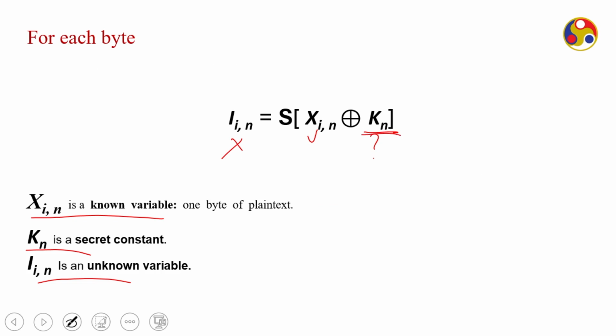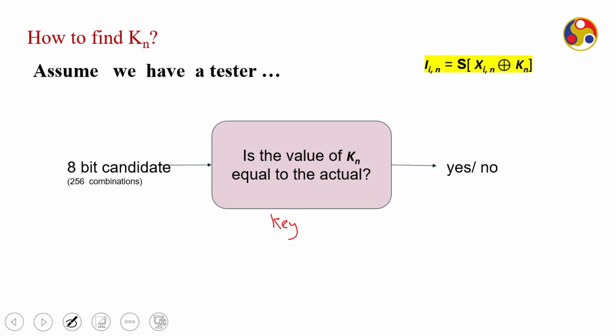Can I have a tester where I give different values of this and I want to measure the power, not this one, and I can guess each kn in my key that is giving the desired power, right. This is the kind of tester, understood. So I need to develop this particular algorithm. Can I just give one key and do this power analysis and it tells me whether this key is the correct key or not, right.